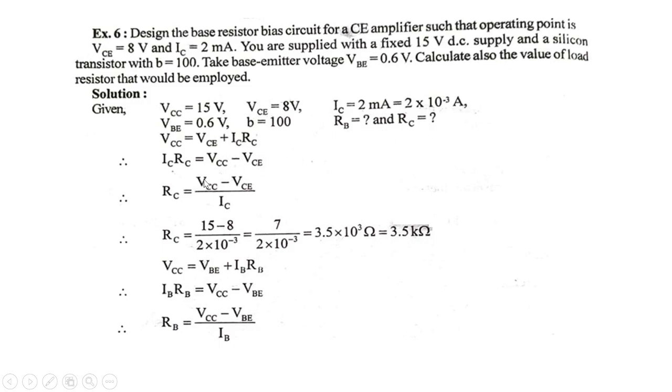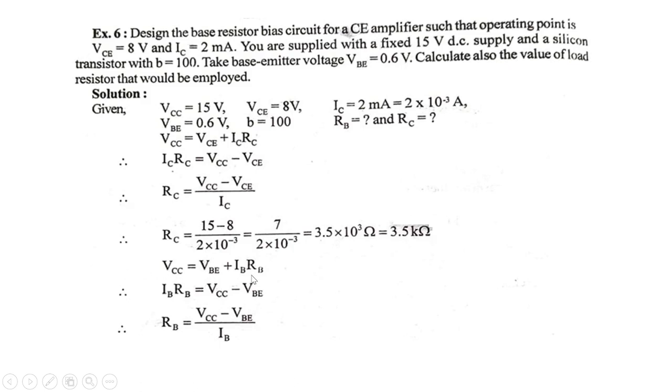ICRC equal to VCC minus VCE, therefore RC equal to VCC minus VCE upon IC, equal to 15 minus 8 upon 2 into 10 raised to minus 3, that is 7 upon 2 into 10 raised to minus 3. So after simplification RC equal to 3.5 into 10 raised to 3 ohm, that is 3.5 kilo ohm.